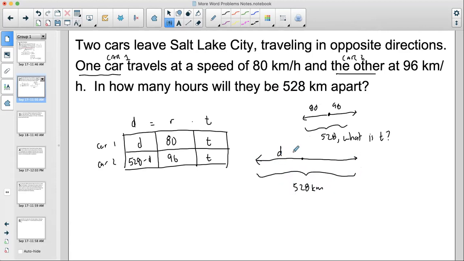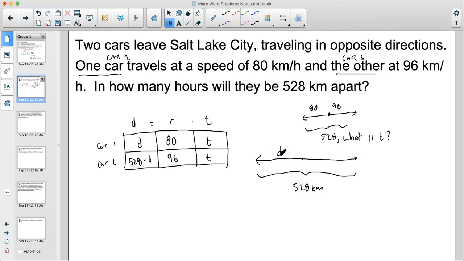And the question is, what do I add here? What does this equal when this whole thing is 528? Well, if this guy traveled for 28 kilometers, then this would have to be 500. That was kind of an easy one because you can just see that 528 minus 28 is 500.